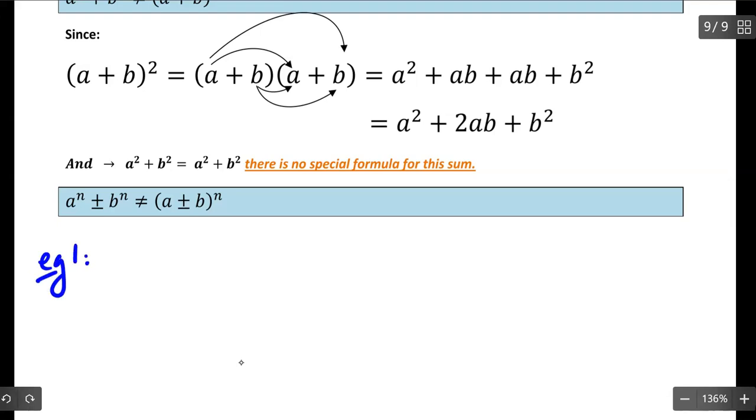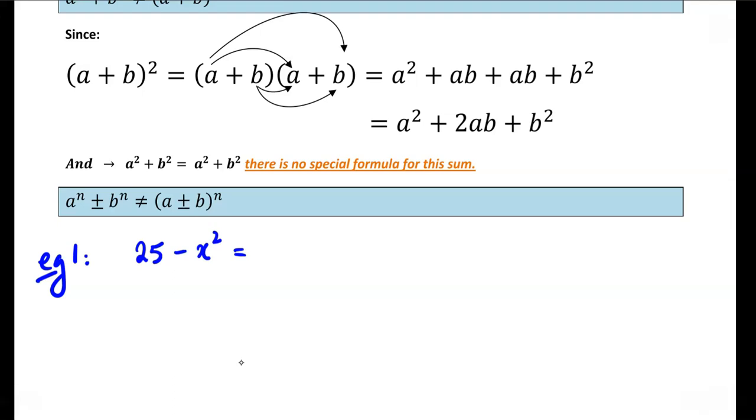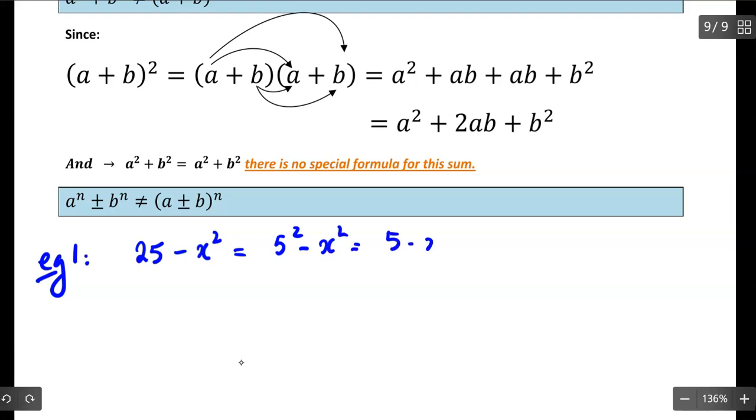First of all, I have 25 minus x squared. I can go ahead and write 5 squared minus x squared, right? So then I have (5 - x)(5 + x). Everyone agrees, right? Because this is the difference of squares.